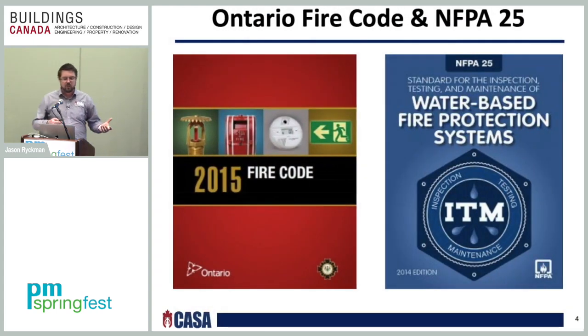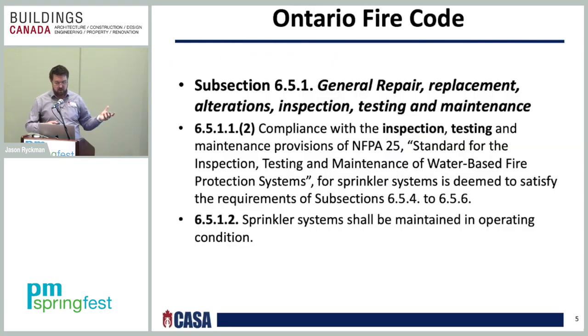Now, the Ontario Fire Code is a little different. It states that compliance with the inspection, testing, and maintenance provisions of NFPA 25, which is a standard for inspection, testing, and maintenance of water-based fire protection systems, for sprinkler systems is deemed to satisfy requirements in sections 6.5.4 to 6.5.6.